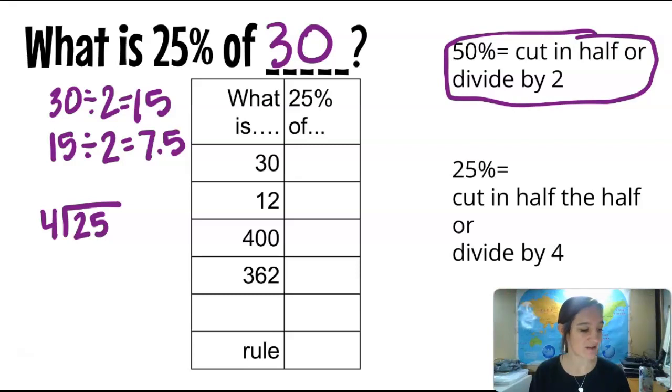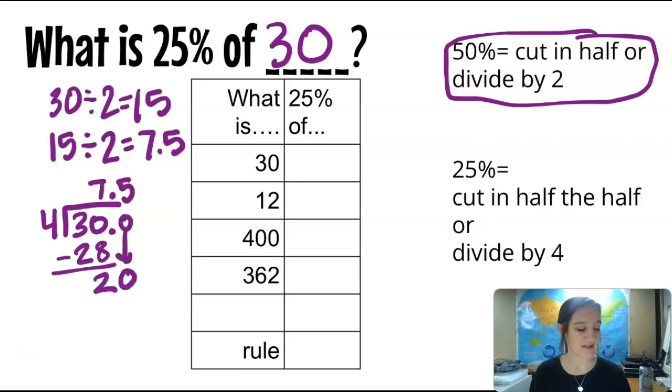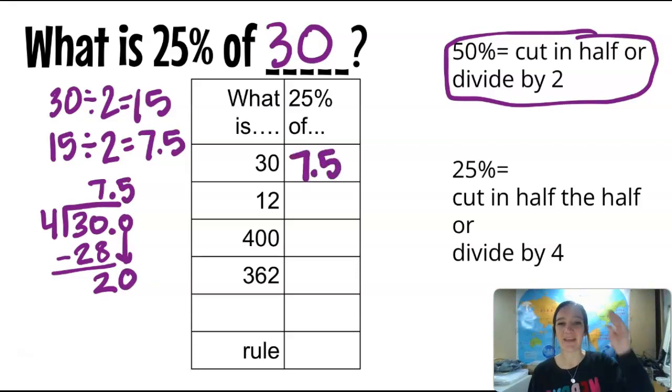Oh, I know what I did wrong. I'm trying to find 25% of 30. There we go. That's why I was confused. Add a decimal and a 0, and I get 7.5. So either way you do it, you will find 25% of a number by cutting it into 4 equal pieces.